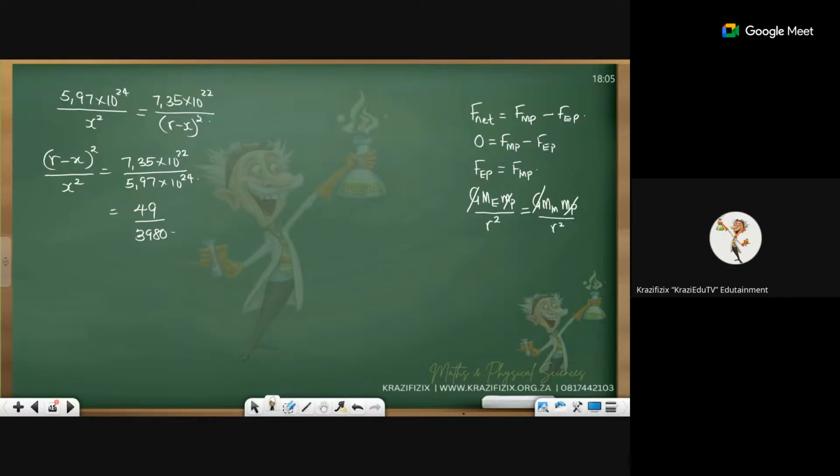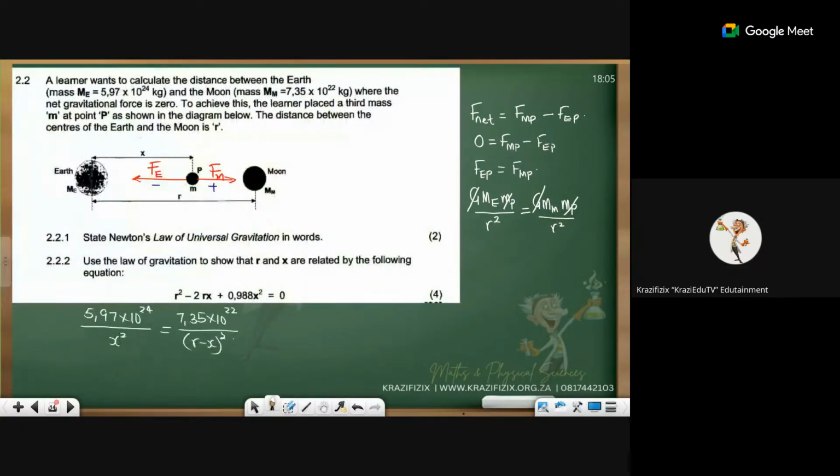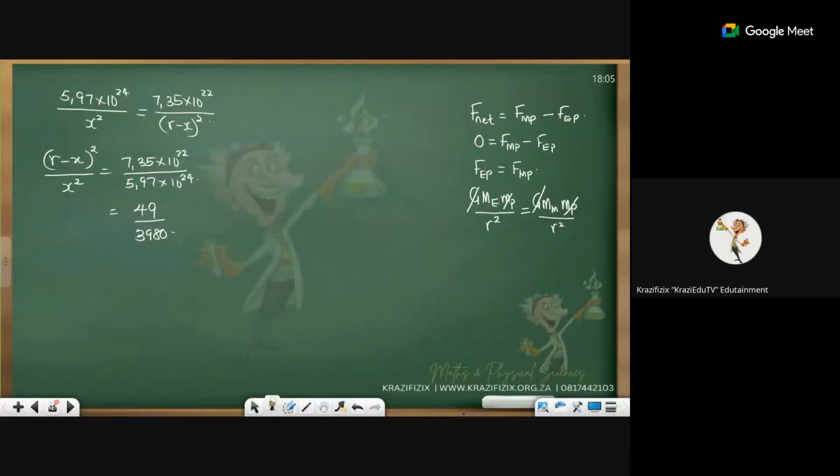Now you're dealing with your F. Now wait, let me check something. What are we getting? We have an x squared, right? I didn't want that. I was going to look for squares of both sides and give me R minus x, but they want x squared.